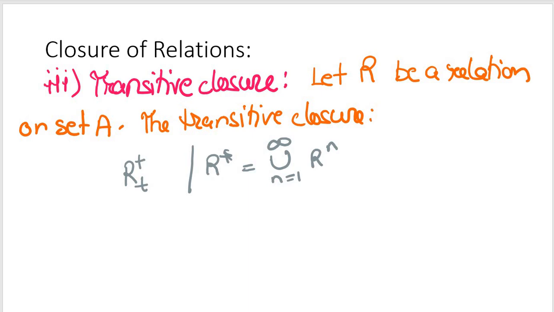This is where R star or R plus is the transitive closure.